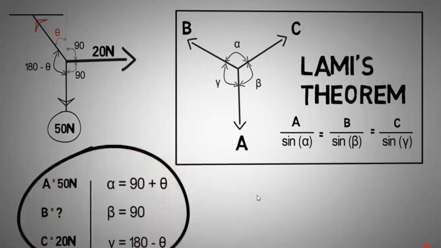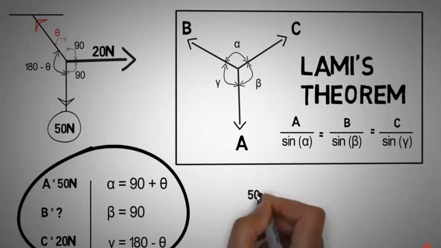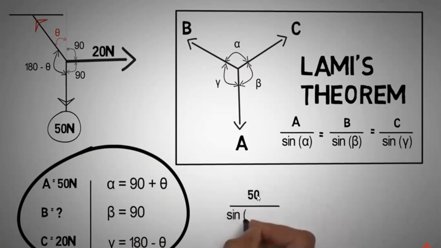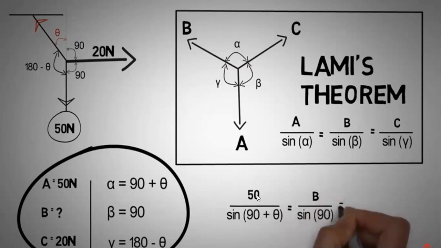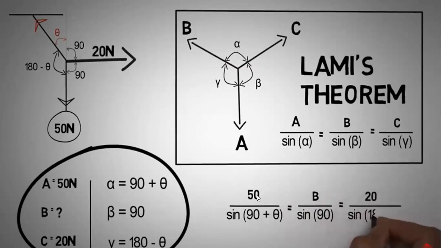Let us substitute these values in the equation of Lamy's theorem. A by sine alpha is equal to B by sine beta equal to C by sine gamma becomes 50 by sine of 90 plus theta is equal to B by sine 90 equal to 20 by sine of 180 minus theta.